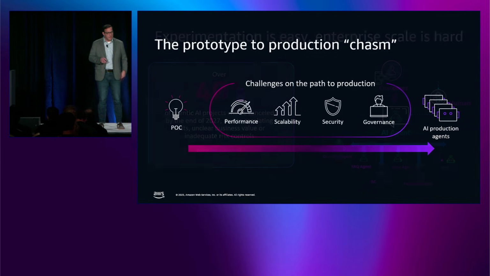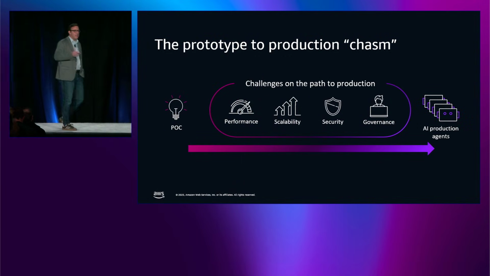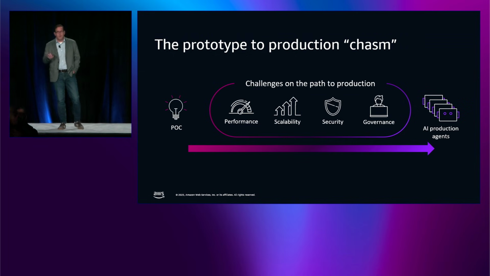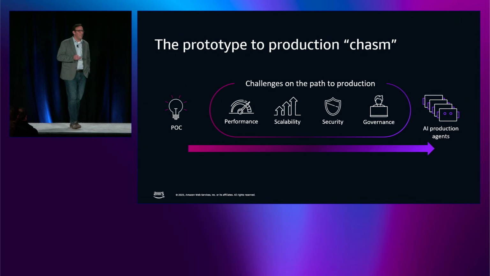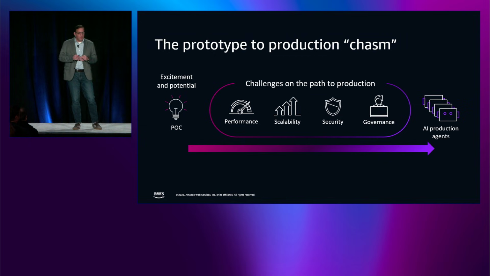And so we call this the prototype to production chasm. You start off with this idea of a proof of concept. And I'll be honest, like 90% of the time, it's some kind of chatbot, right? I urge you all to think beyond the chatbot. There's a lot of great implementations for agentic AI. But you have this idea, and there's so much excitement and potential, and you get out there and start to develop your agent, and then you try to deploy to production, and you realize that there are huge performance issues with your implementation.